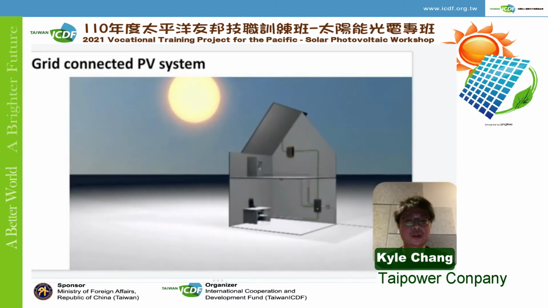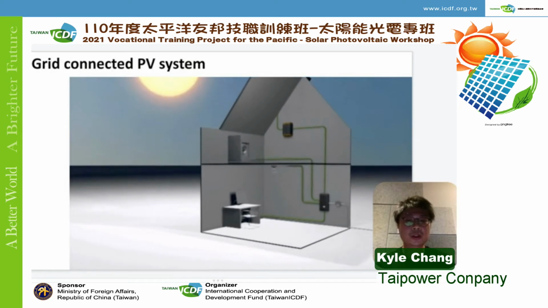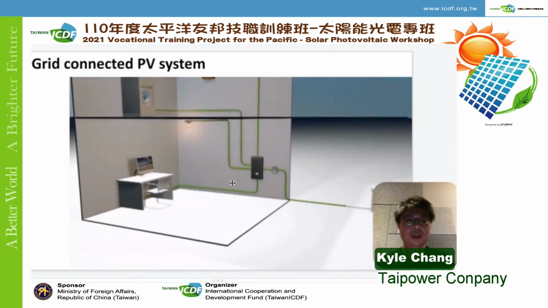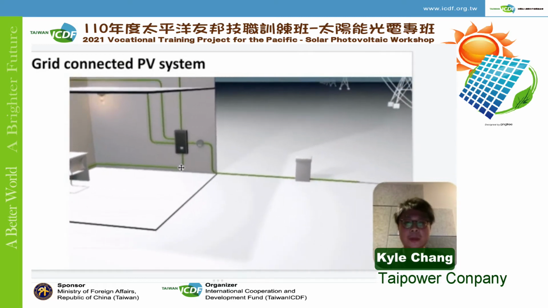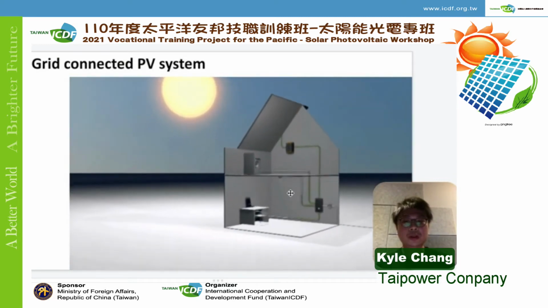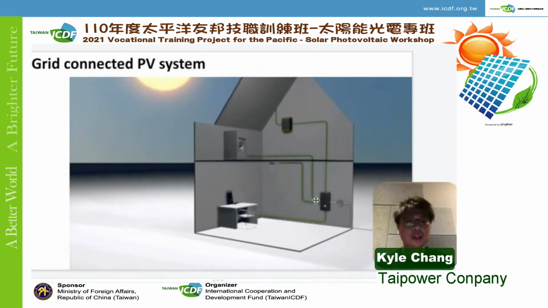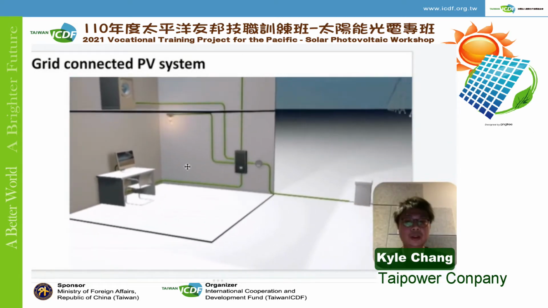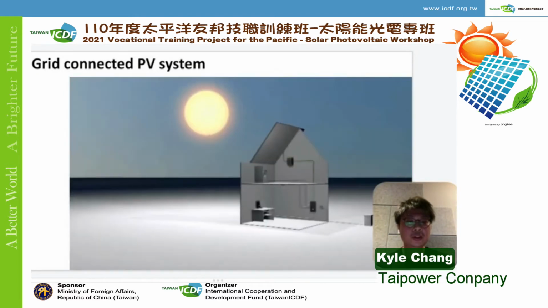The grid connected solar inverter used in this system is also constantly converting this output from the solar module into usable AC power. The PV system is able to meet the load demand of this household.